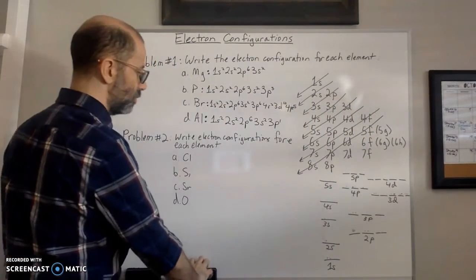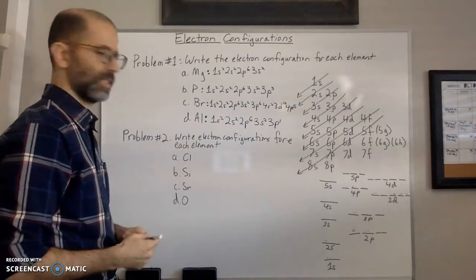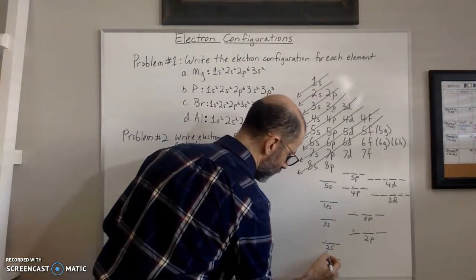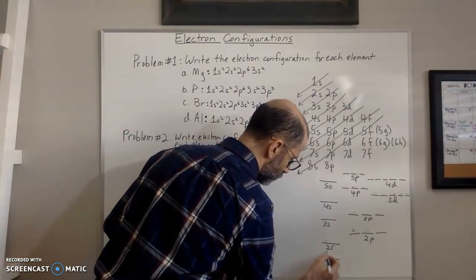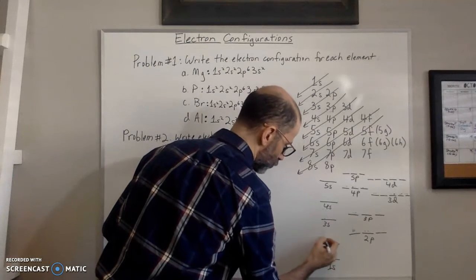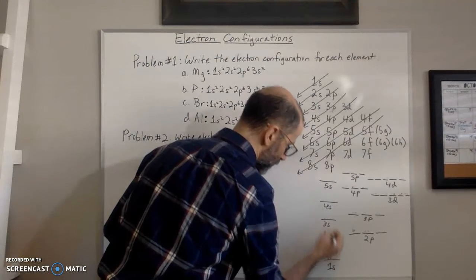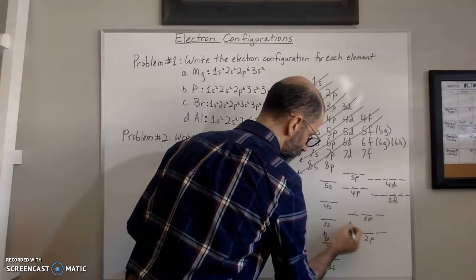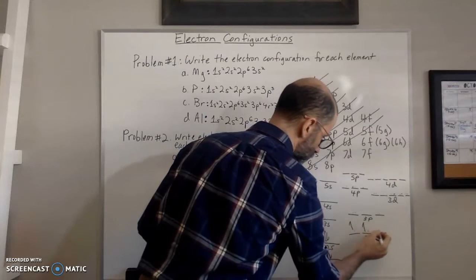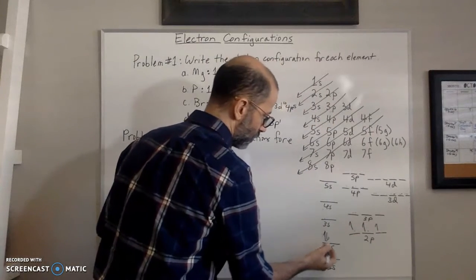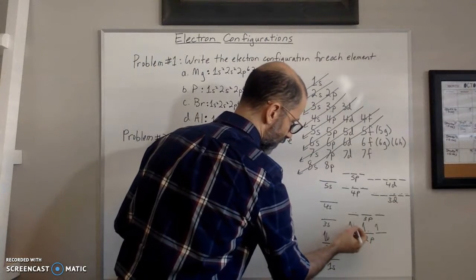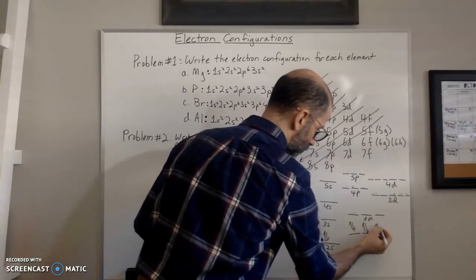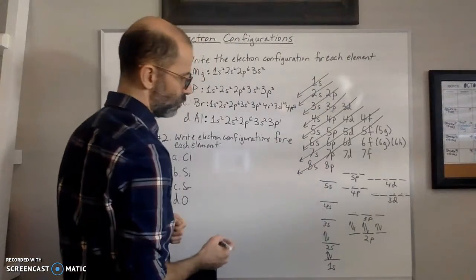Okay, so we have 17 electrons, so we're going to build it up. Spin up, spin down, that's 2. Spin up, spin down, that's 2. And then we're going to do spin up, spin up, spin up, so that's 3. And then we're going to pair them up, spin down, spin down, spin down, following Hund's rule.